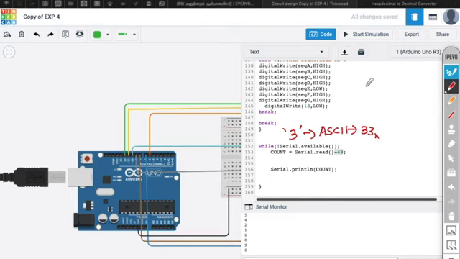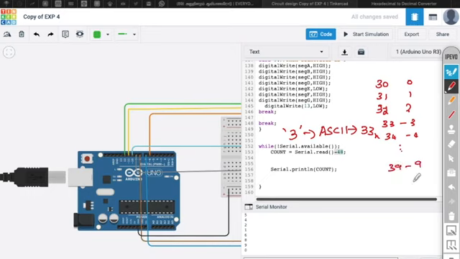So this is the chart, everything in hexadecimal: 30 is for number 0, 31 is for 1, 32 is for 2, 33 for 3, 34 for 4 and it goes on, 39 for 9.